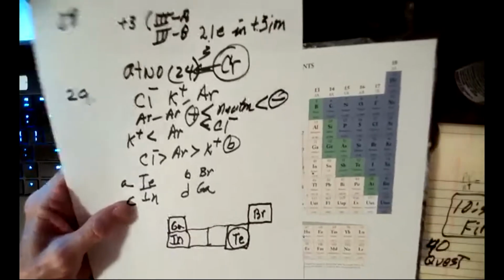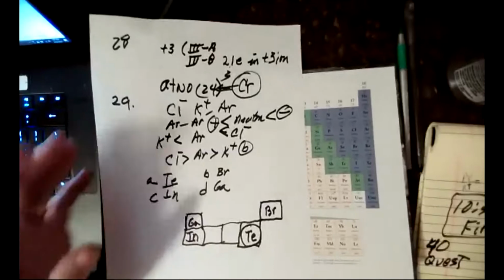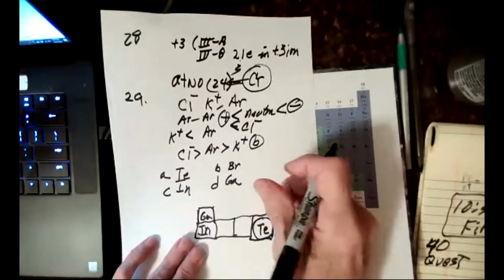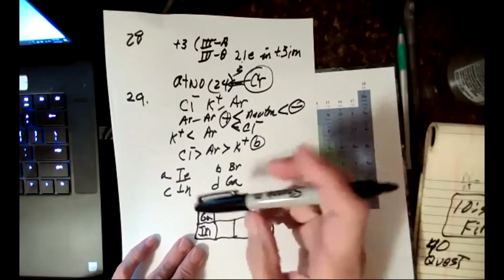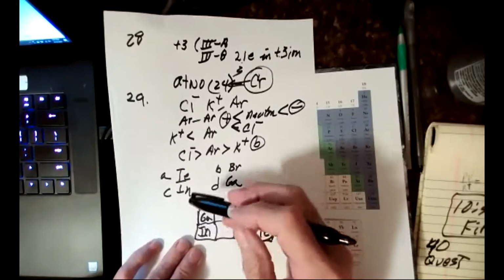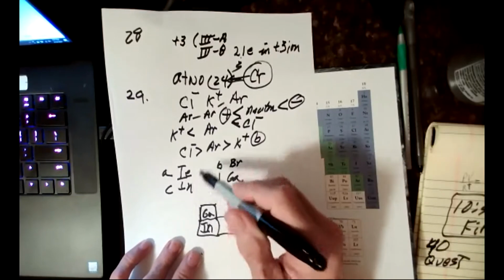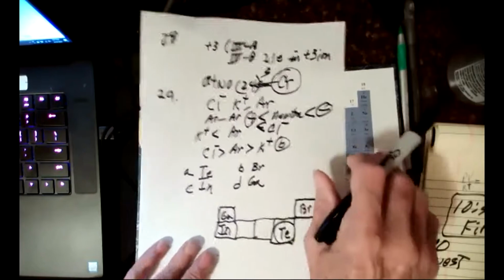Okay. Now, let's think about relative to the rows first. Which is easier to remove an electron? Something that's near the bottom of the chart or something that's near the top of the chart? Well, let's remember where the metals are.